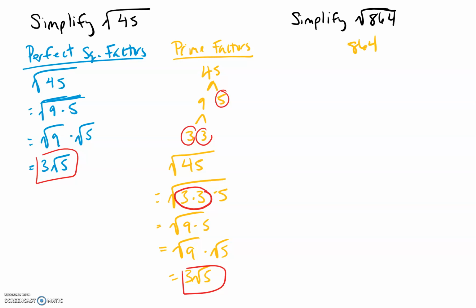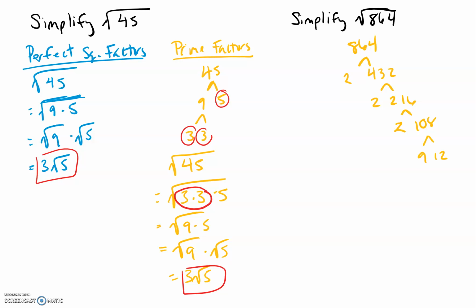So if we have 864, it's even. All even numbers are divisible by 2. Rather than guessing and checking with those perfect squares, I can just start breaking it down into its prime factors. So this is 2 and 432. 432 is still even, so I can divide it by 2 again to get 216. 216 is still even, so I'm going to keep dividing by 2. That's 2 and 108. By the time I get to 108, I'll realize, hey, that's 9 and 12.